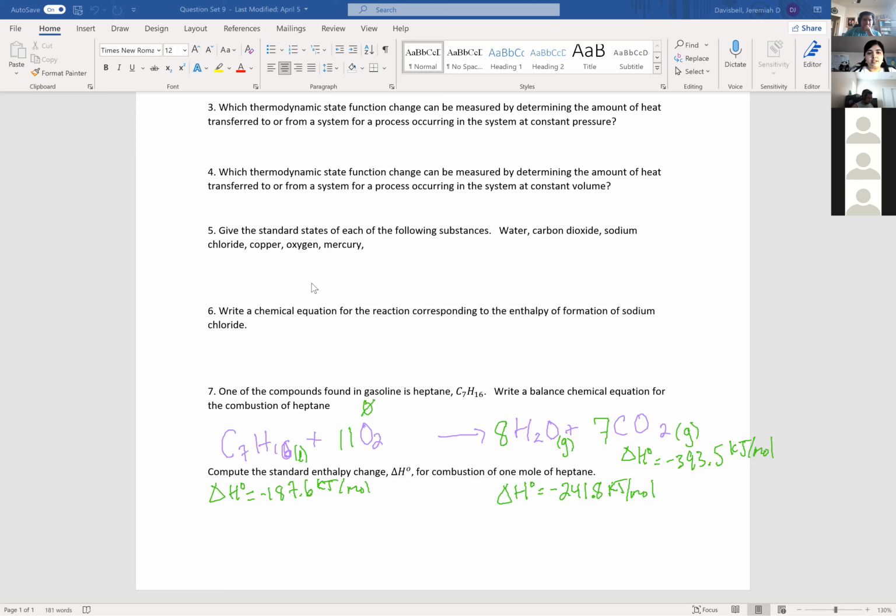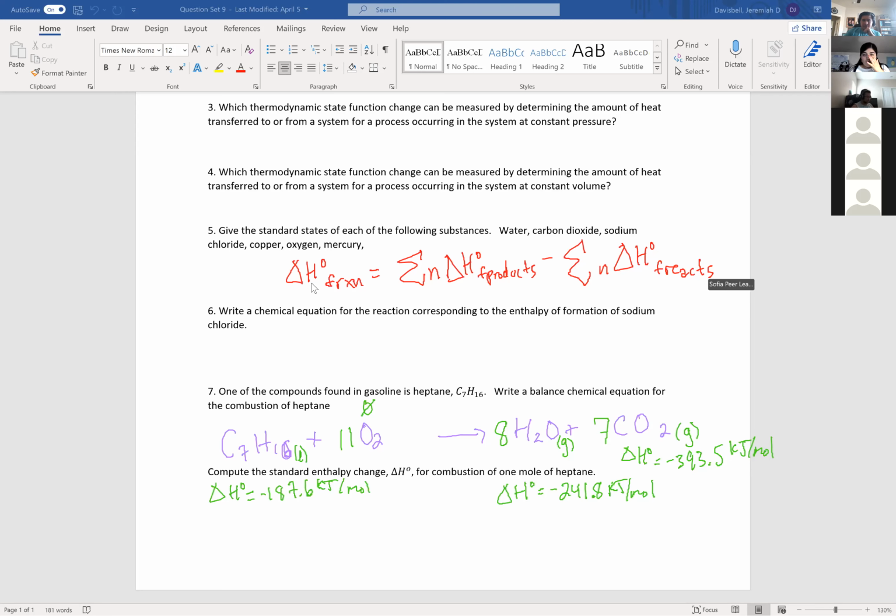Yeah, so the heat of formation of the reaction is going to equal the summation of the moles times the heat of formation of the products, minus the summation of the moles times the heat of formation of the reactants. I'm pretty sure I'm reading this wrong, but you guys get the gist, right? That's what that looks like.